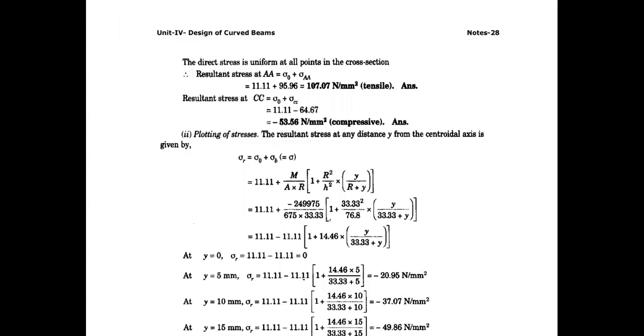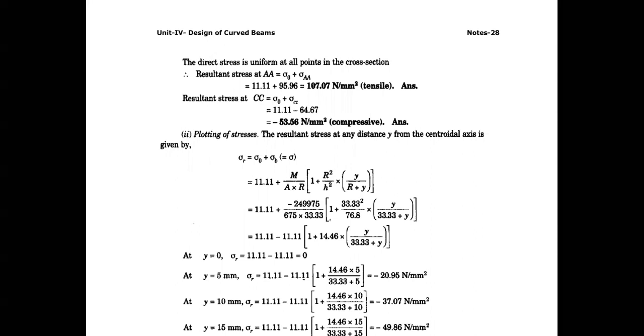Resultant stress means we have two layers, section AA and section CC. You can directly apply the formula: direct stress sigma naught plus sigma A, and sigma naught plus sigma CC, right?